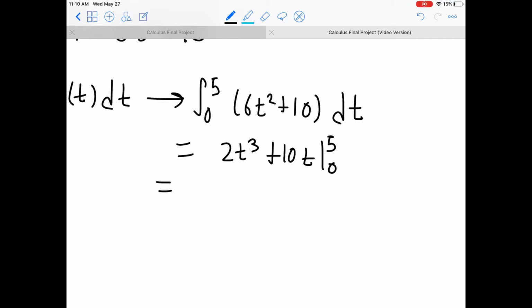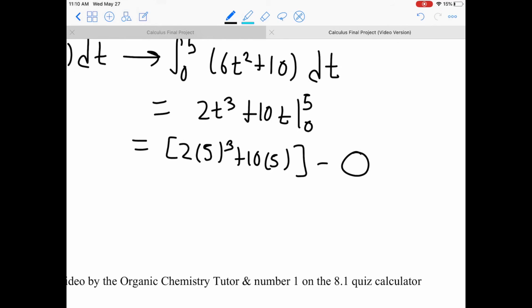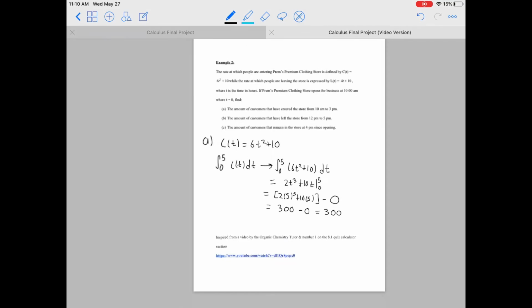Next, if we plug in the 0 and 5, we receive 2 times 5 cubed plus 10 times 5 minus 0, since 0 plugging into the function would just give us 0. This simplifies to 300 minus 0, which is 300 people.